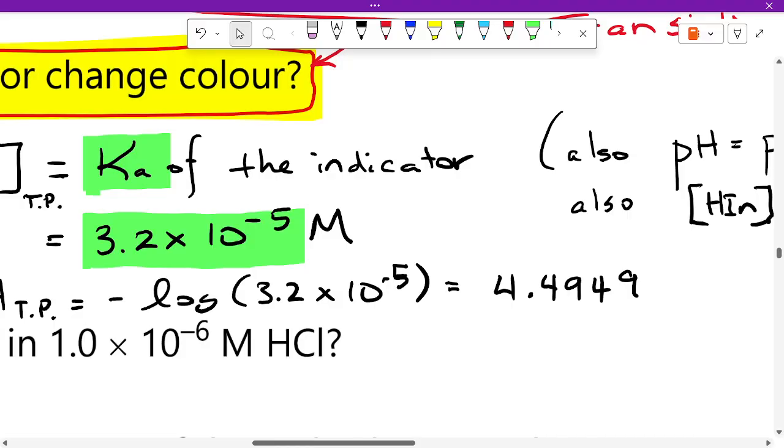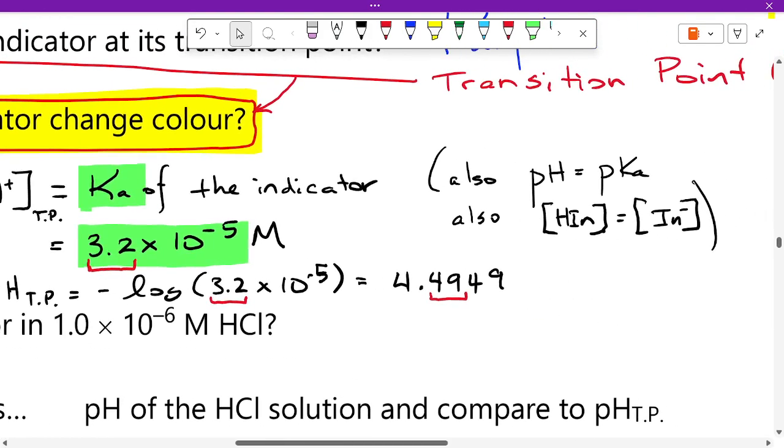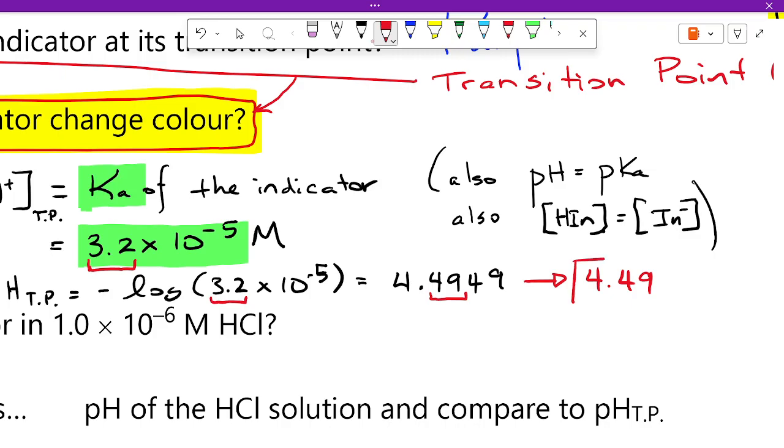How many sig figs? Two sig figs because we've got that 3.2, so 2 sig figs. So it should be 4.49. Okay? Excellent.